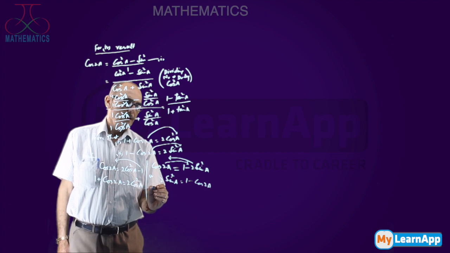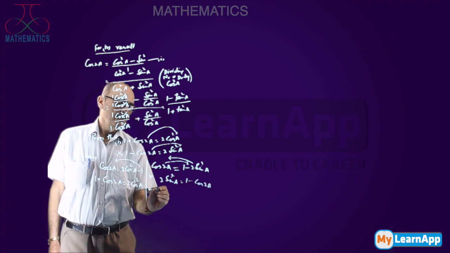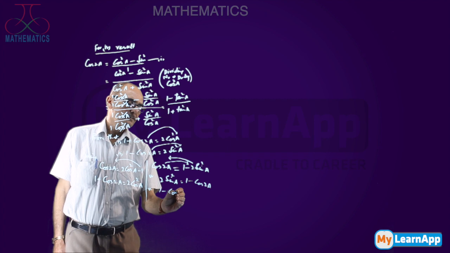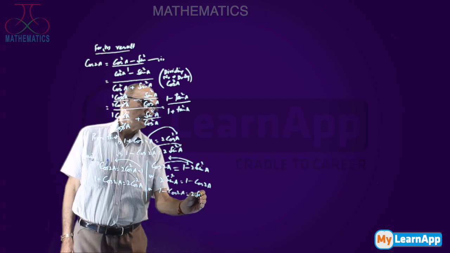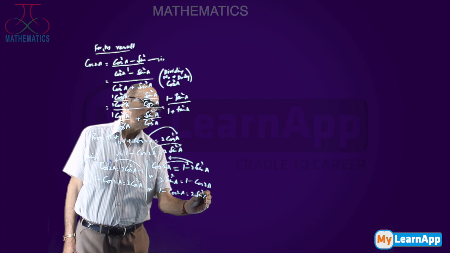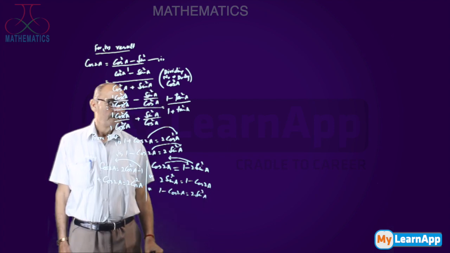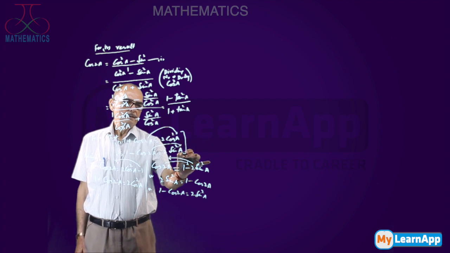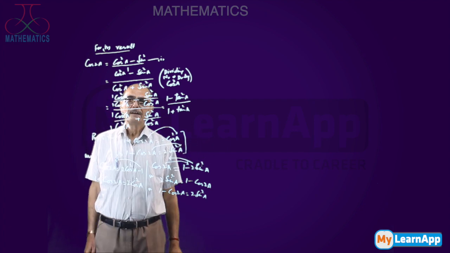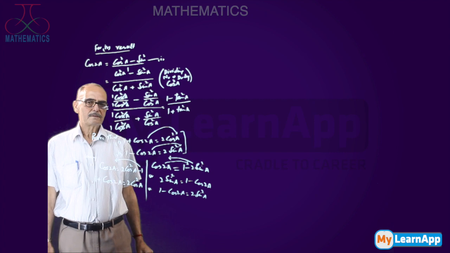Therefore, 1 minus cos of 2A equals 2 sin square A. Well, these two formulas are very frequently used in calculus.